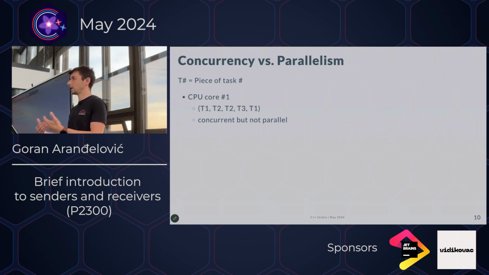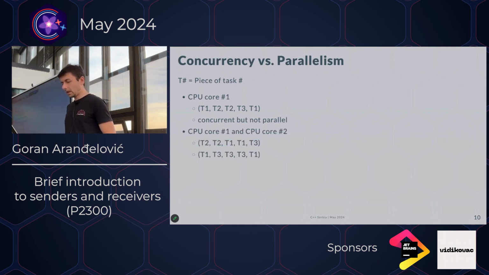You have to have some context switch in between these smaller tasks. If you have more than one CPU core, in general, you can end up with parallel execution of these pieces, not only concurrent. So you will have concurrent and parallel execution.